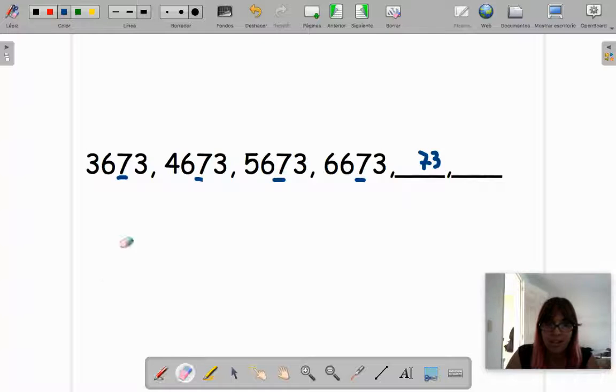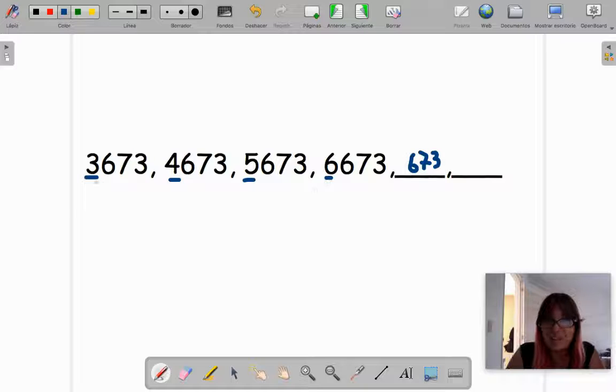Now let's go see the hundreds. In the hundreds, we have 6, 6, 6, 6. So are the hundreds changing? Exactly, the hundreds, no, they are not changing. Now let's look at the thousands. 3, 4, 5, 6. Are the thousands changing?